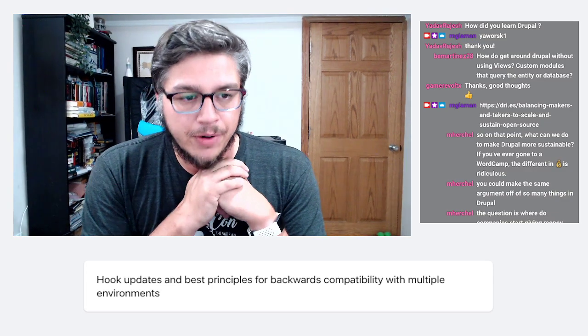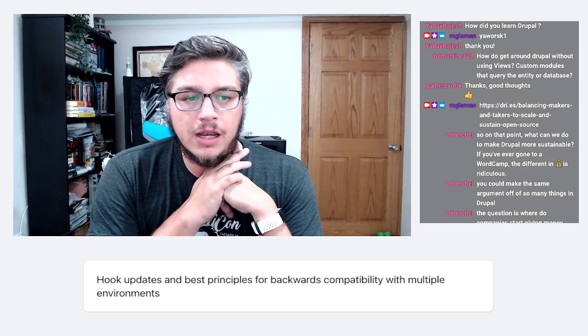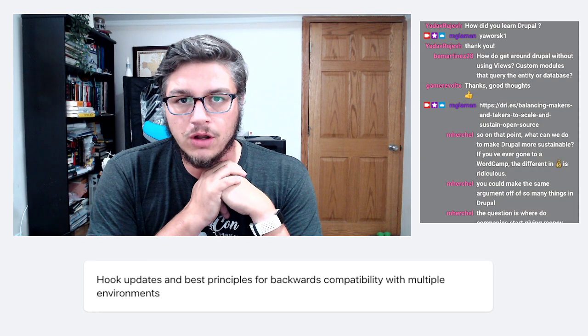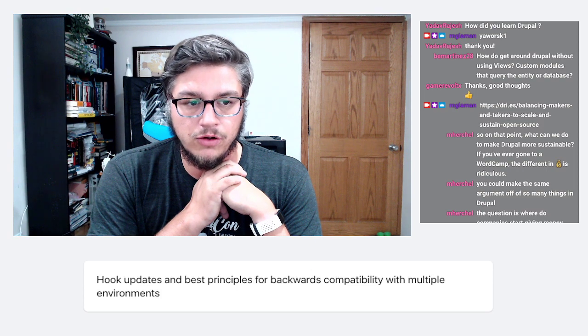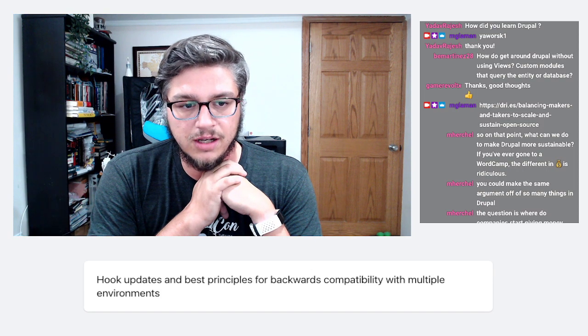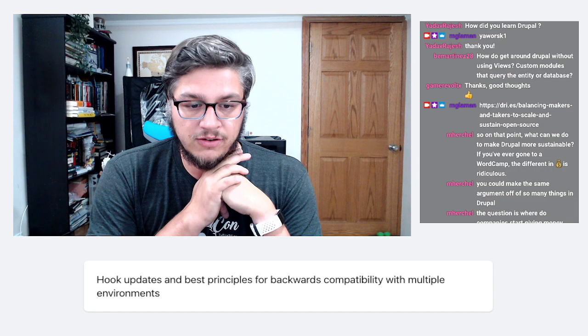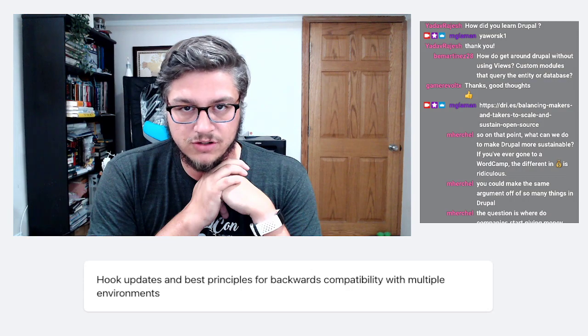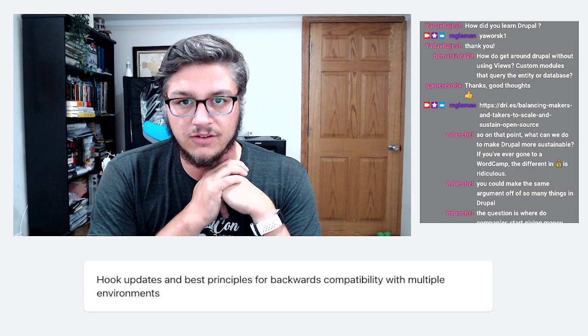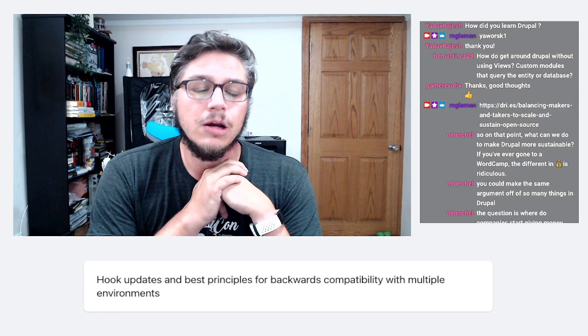But my principle is you don't run drush cr on deployment. You don't run cache rebuild on deployment. You write update hooks to invalidate what's needed. In most cases, that automatically happens when you import configuration and that configuration is modified and the cache tags get invalidated. But sometimes you need to rebuild.